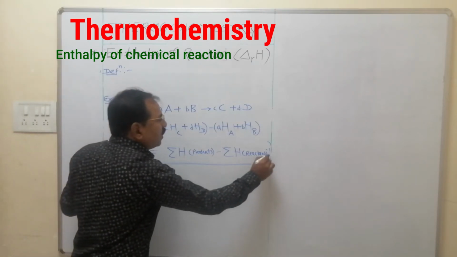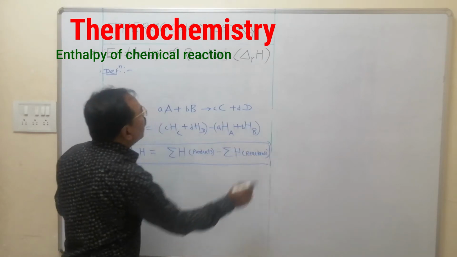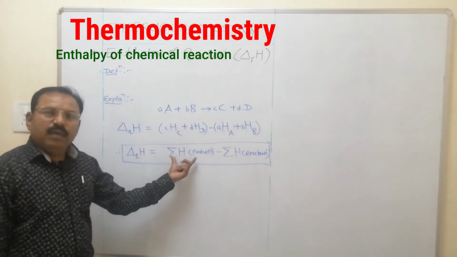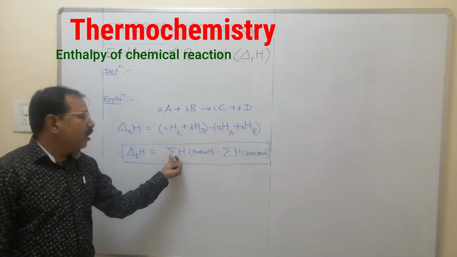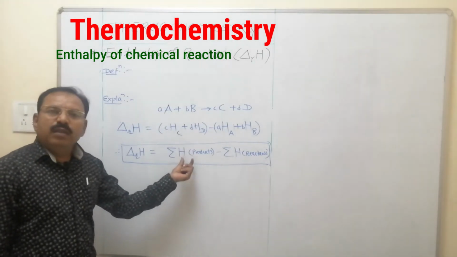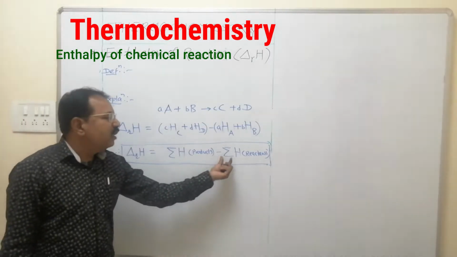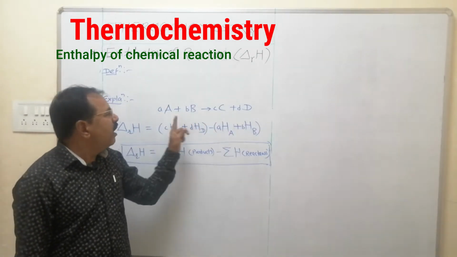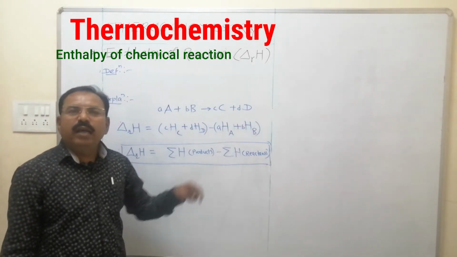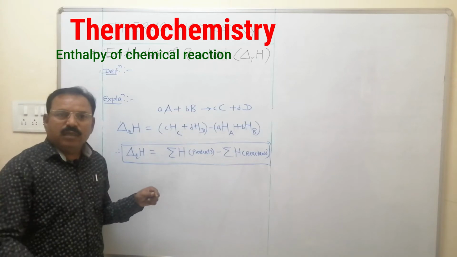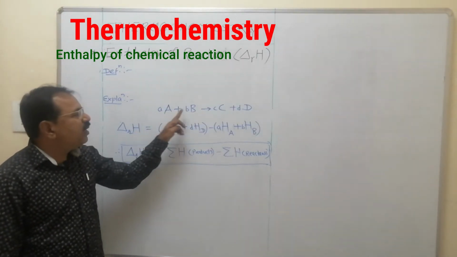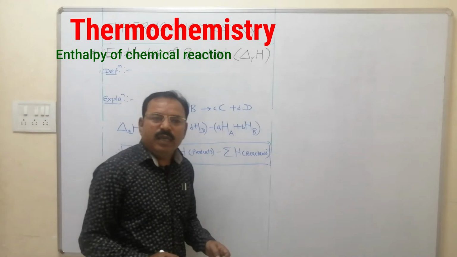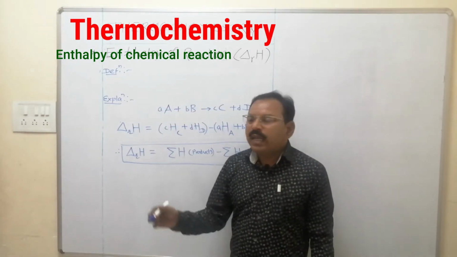Therefore, from this equation we can define the enthalpy of reaction, or enthalpy of chemical reaction, like this: the difference between the sum of enthalpies of the products and the sum of enthalpies of the reactants, with each substance in definite physical states and amounts, that is moles, represented by the coefficients in the balanced equation, is called enthalpy of reaction or enthalpy of chemical reaction.